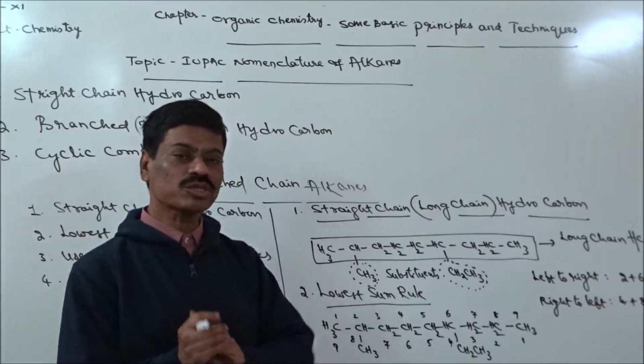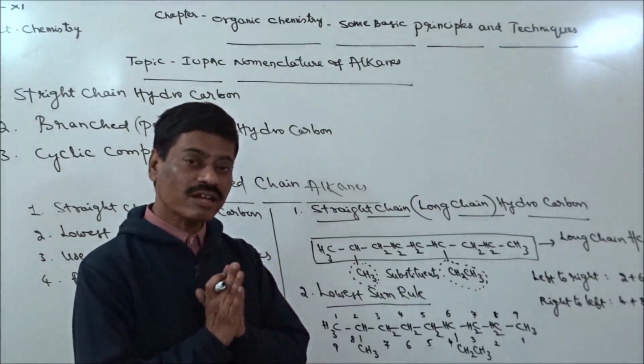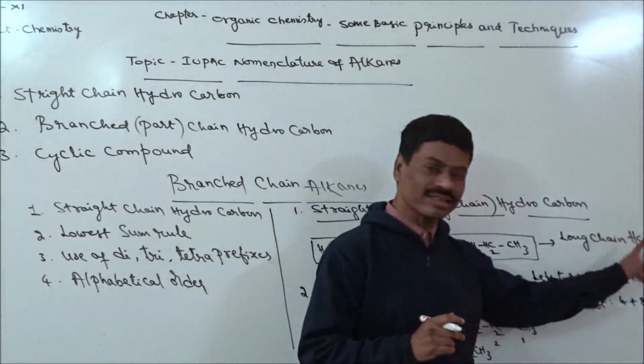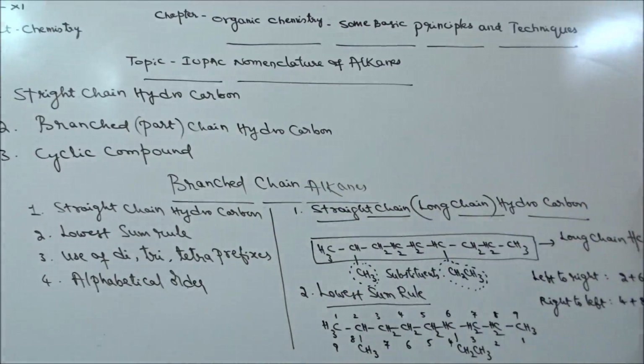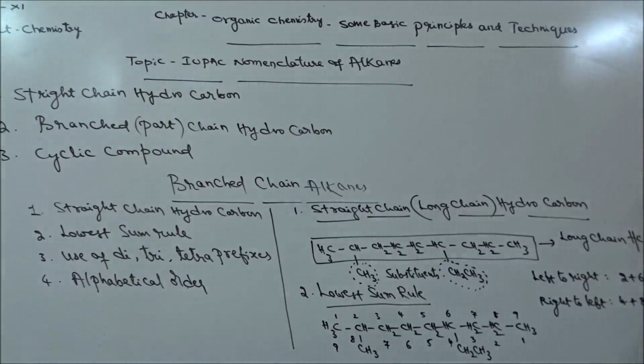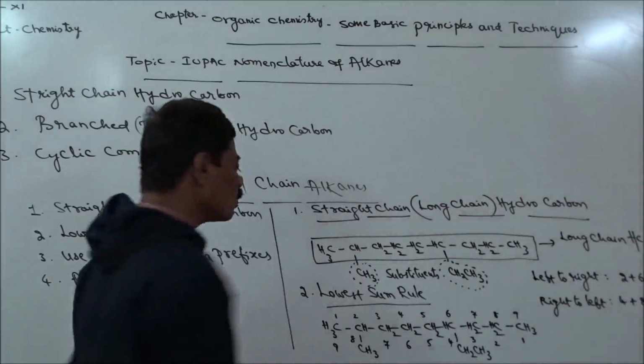When we come to know the sum, then we have to compare which is lower than the other. So here 8 is less than 12. Therefore, giving numbers from left to right is correct, but not right to left.